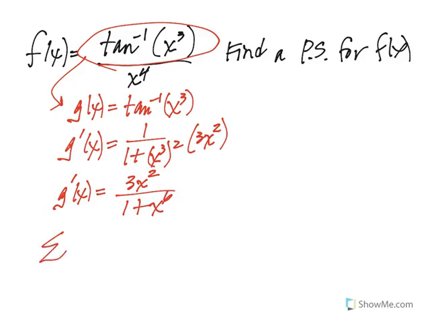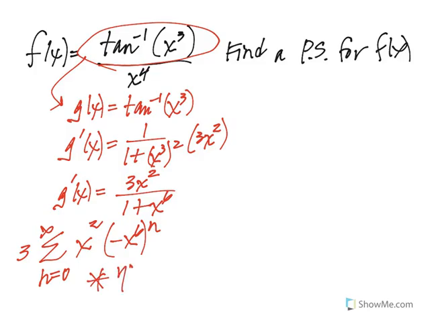The power series notation for g prime of x goes from 0 to infinity. I've got my a sub 1, put the 3 out front, I've got x squared here, times my r, which is negative x to the 6 to the nth. Now, here's the point I'm trying to emphasize.